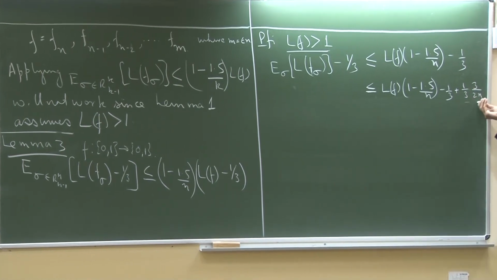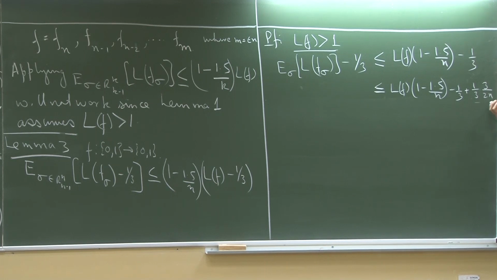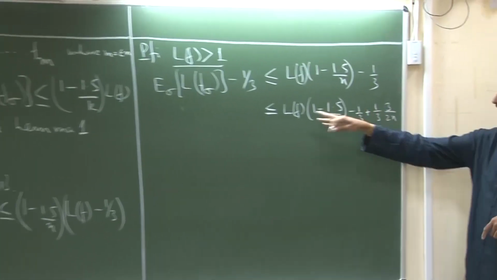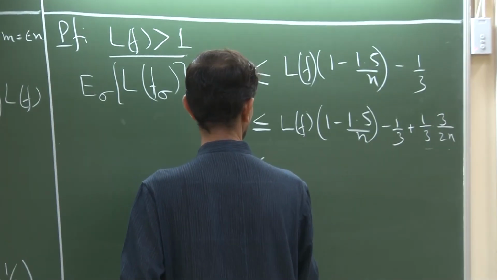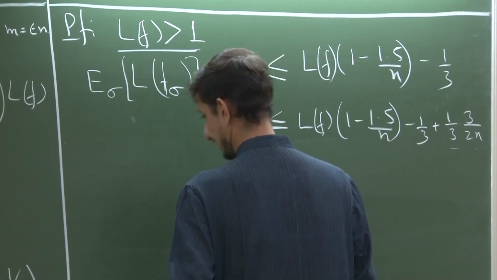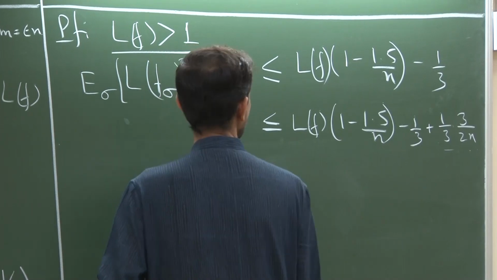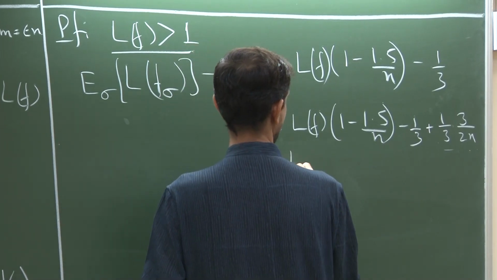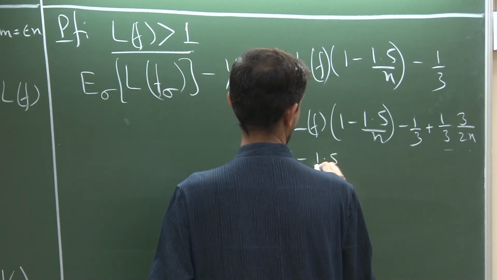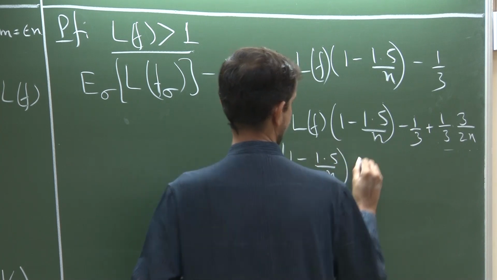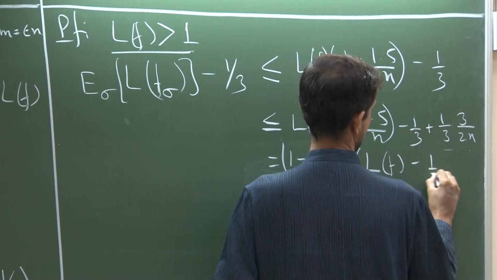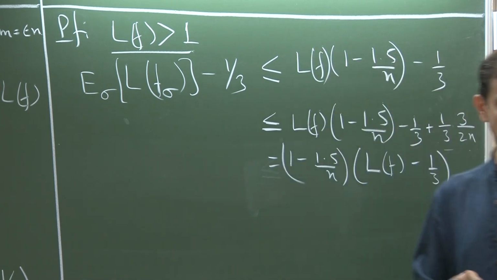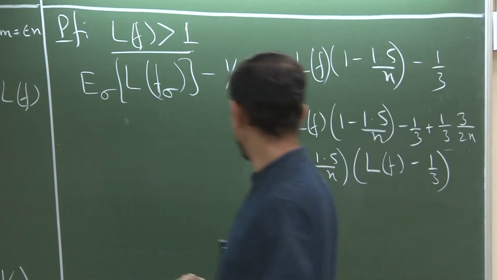Observe that this is a positive quantity, right. So, n is positive, so this entire quantity is positive. So, this is greater than or equal to this, but doing this will give me that this is equal to L of f minus 1/3. Okay. Just a small modification.